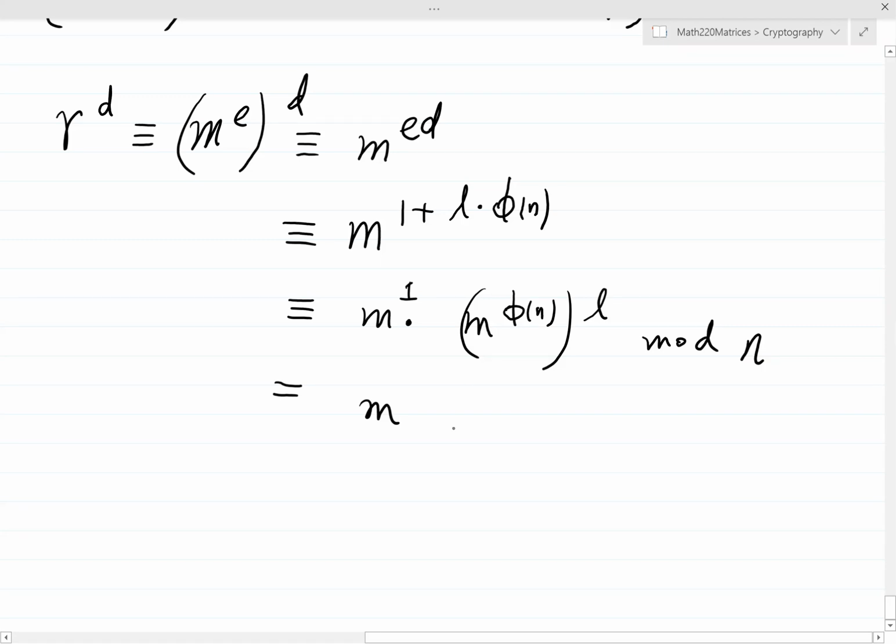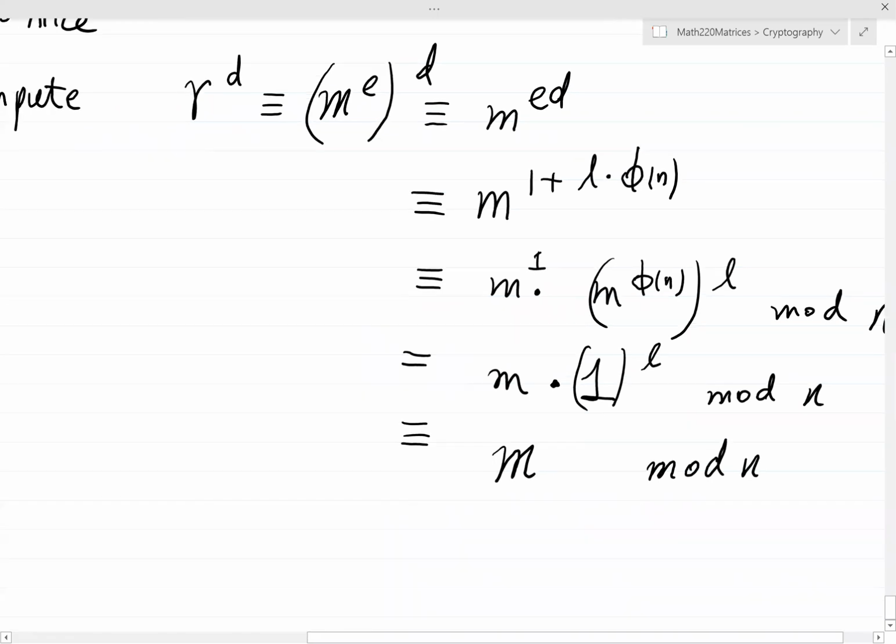So you get 1 to the power L mod N, and 1 to the power L is again 1. So Alice finally recovered the message M mod N.